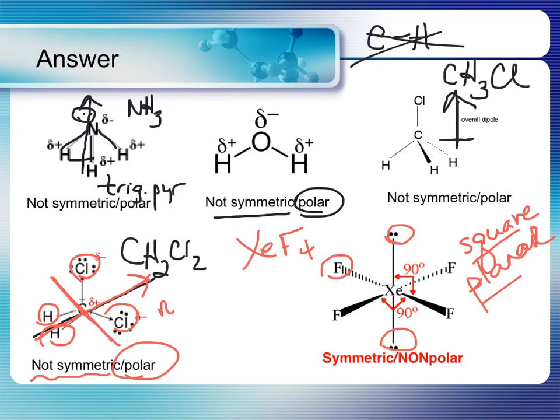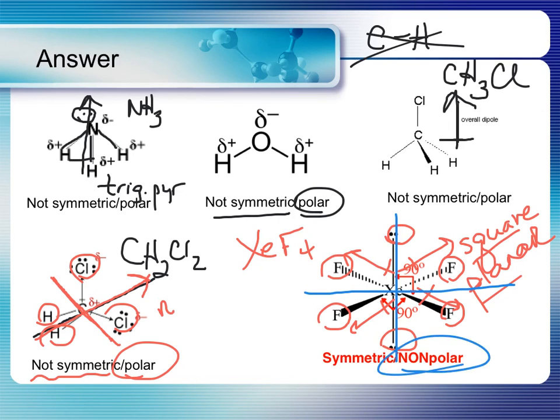And because all four of the atoms bonded to the xenon are identical, if you were to draw the dipole for each bond, they would exactly cancel each other out. Okay? So regardless of where you draw your plane of symmetry, whether it's straight up and down, it's a mirror image, or whether it's straight down the middle, that's also a mirror image. So that is nonpolar. That's it for polarity.